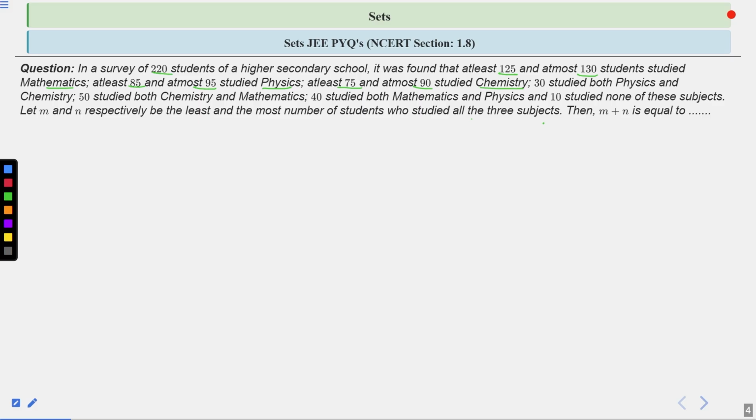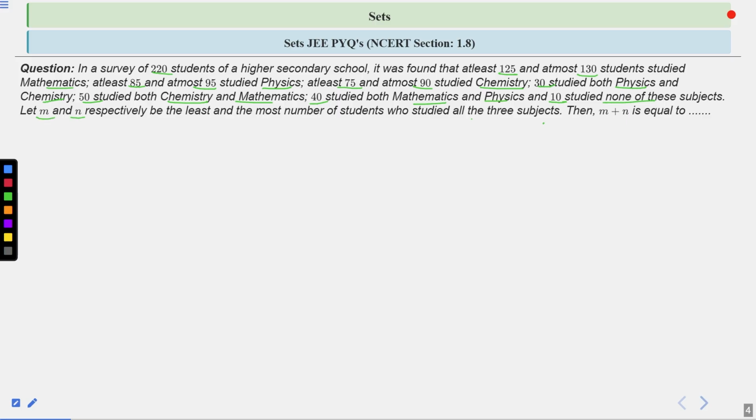And students who studied both physics and chemistry are 30, students who studied both chemistry and maths are 50, and students who studied both mathematics and physics are 40. And out of 220 students, 10 students studied none of the subjects. Clear?